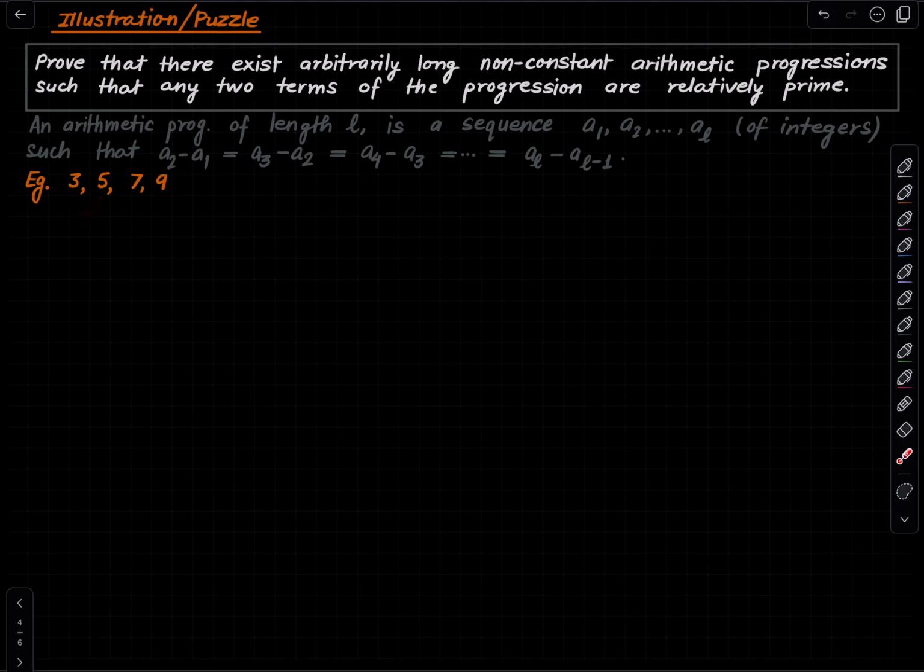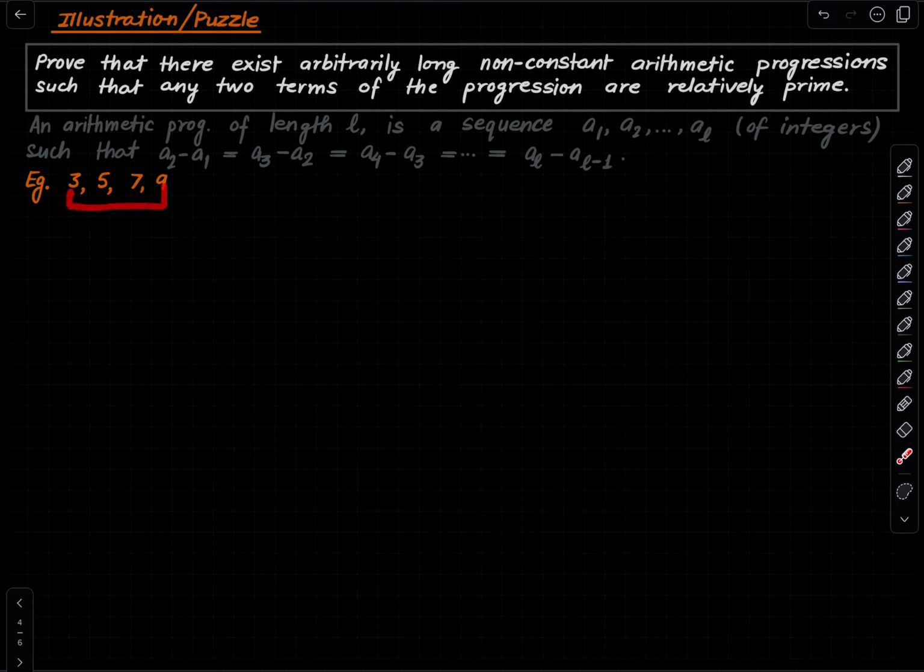Right? But this is not an example of a length 4 non-constant arithmetic progression with this property, because 3 and 9 are not relatively prime. If I had stopped here, then this would be a length 3 arithmetic progression with any two terms being relatively prime.